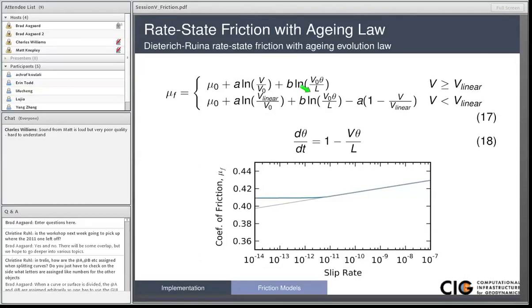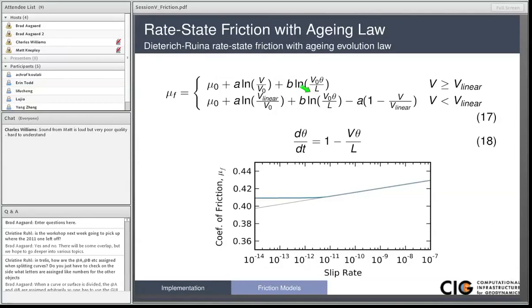We have chosen to regularize things at very small slip rates using a slightly different approach than what has been developed in the literature in most cases. Because we're using an iterative solver, we never end up with values of slip rates and slip of 0.